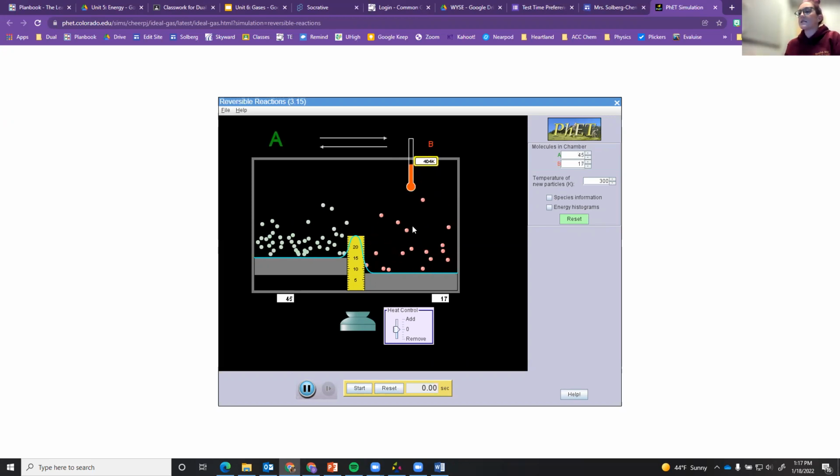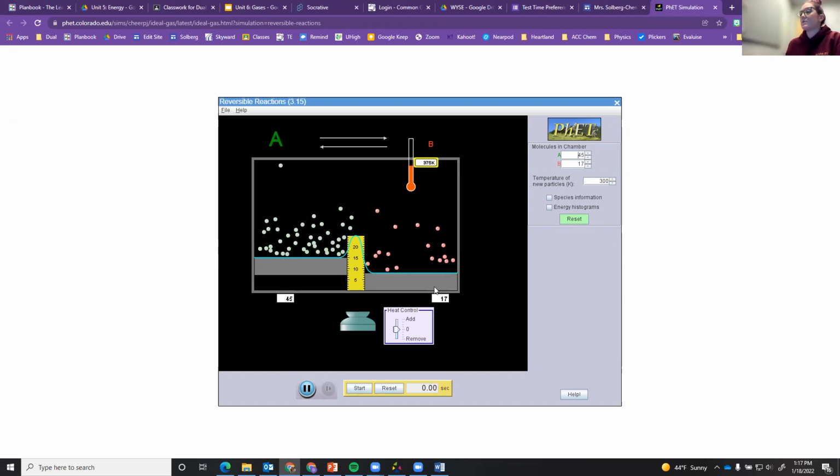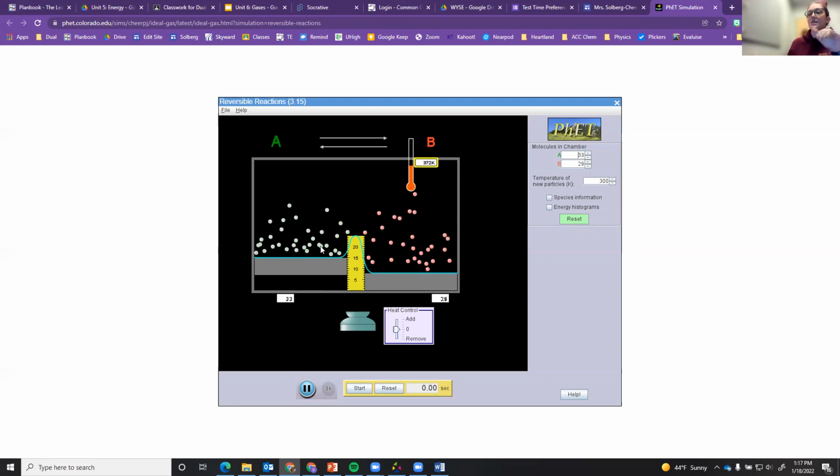They're still making products. It's just that at some point, the concentrations stop changing because the rate at which ones are turning into B is the same rate at which they're going back to turn into A. So if you want to play with this, you totally can. If you change the activation energy, you can see what happens. You change the temperature, you can see what happens. They're eventually going to not even out concentration-wise, but they're going to be changing at the same rate, and I'm really not going to get much of a fluctuation in amounts.